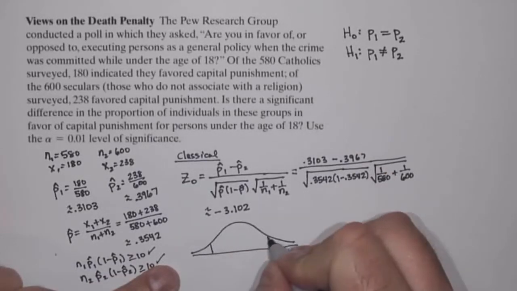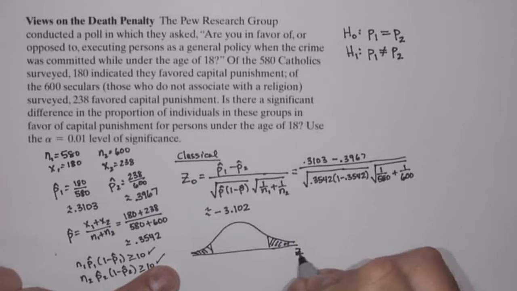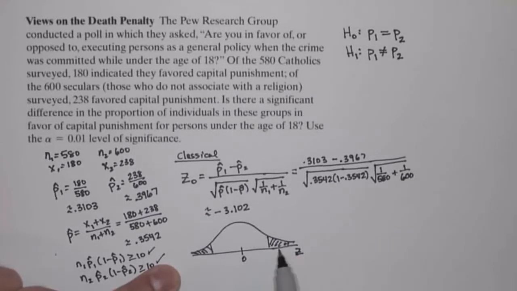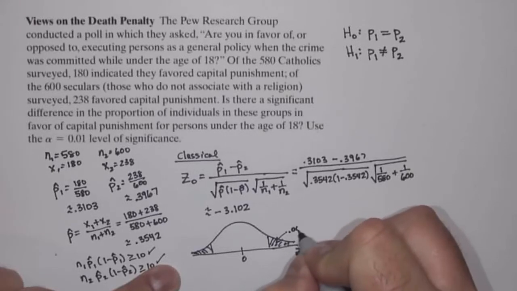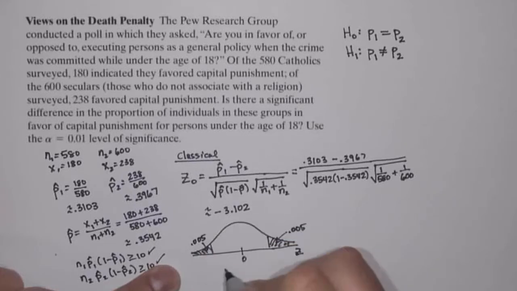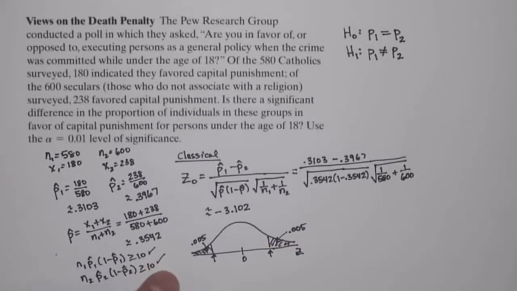So I'm going to have area in the right tail and in the left tail. Again, we're basing this on a standard normal distribution. So I need to figure out these critical values. Well, the 0.01 is going to be split between the two tails. Half of 0.01 is 0.005. So 0.005 goes in each tail, and we need to figure out what these two critical values are.